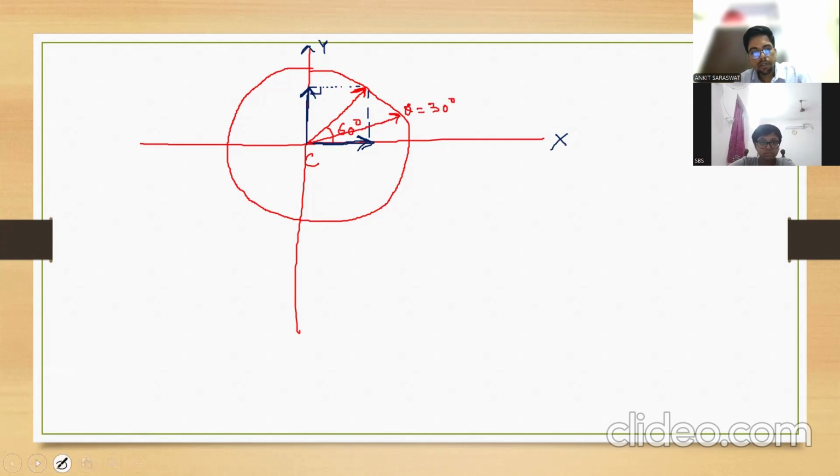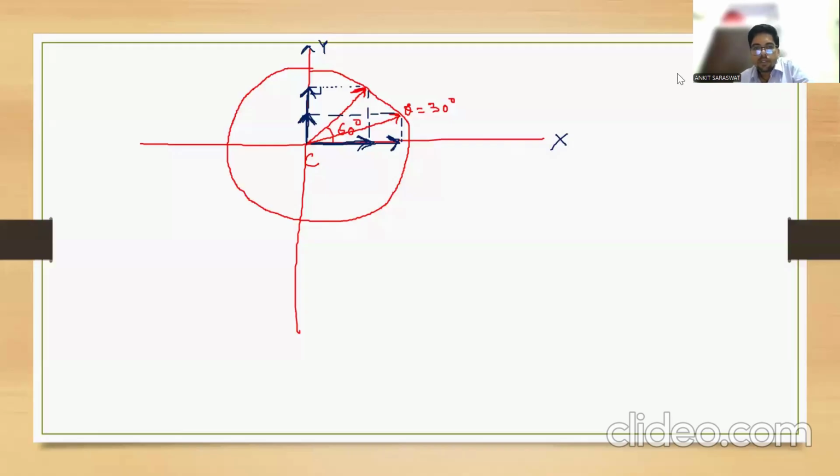Now tell me, when theta is 30 degree, draw the projection on the x-axis. Then the projection on the x-axis will be like this. Then the projection on the y-axis will be like this. Then in which case is the length more, on x or y, when theta is 30 degree?